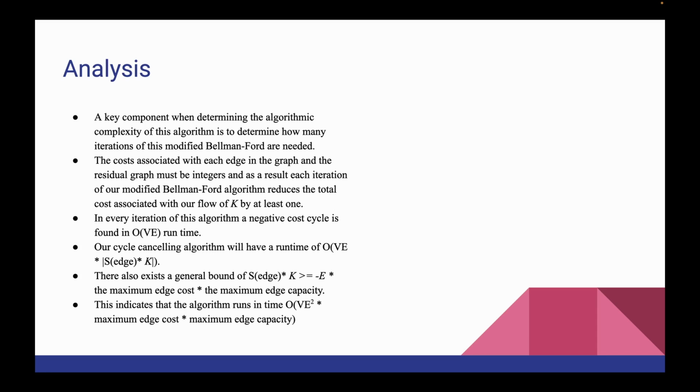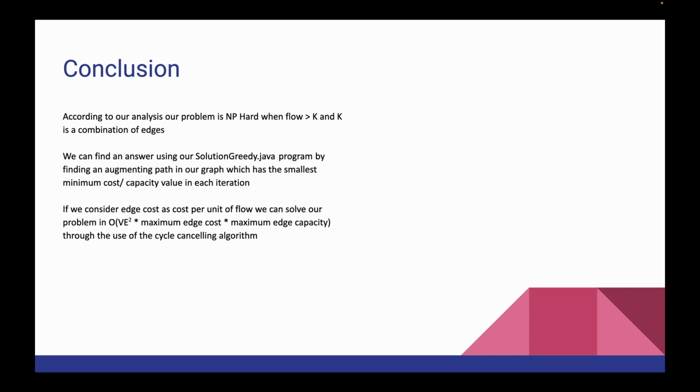This means that the runtime in total will be order VE squared times the maximum edge cost times the maximum edge capacity. Through all of our analysis, we have determined that our problem is NP hard.